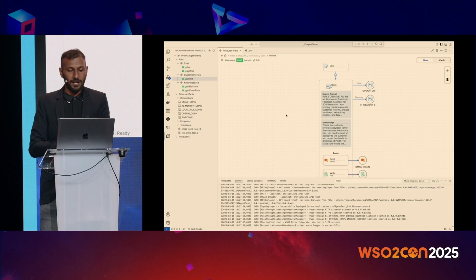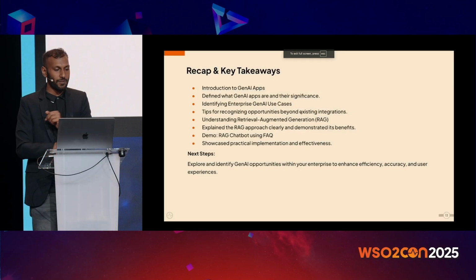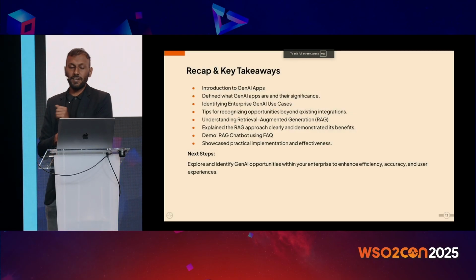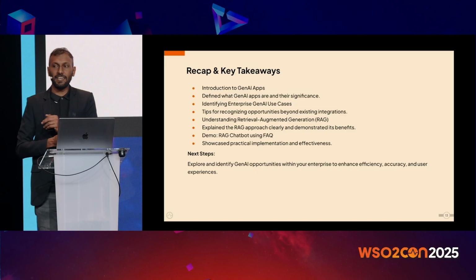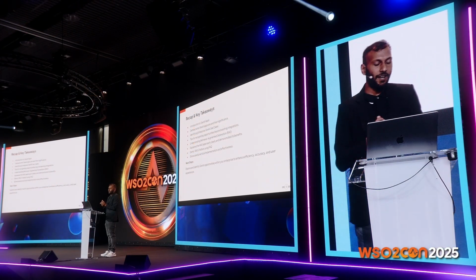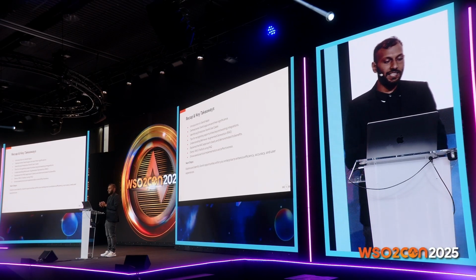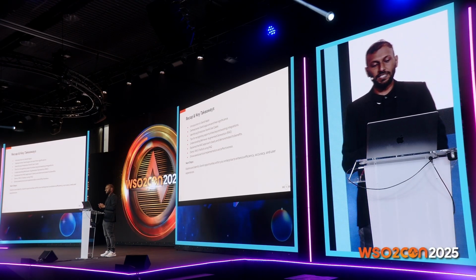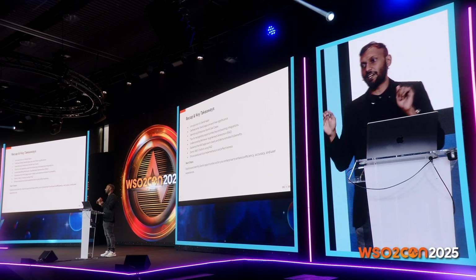I think that covers most of it. As a recap, we introduced what Gen AI applications are, defined how significant they are and how you can use them in the enterprise. Then identifying enterprise AI use cases is the hardest part, I would say.